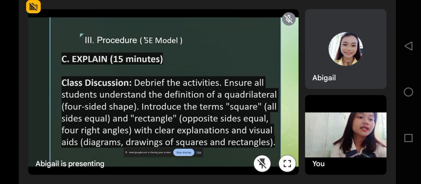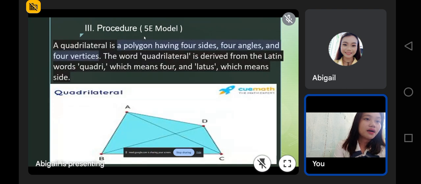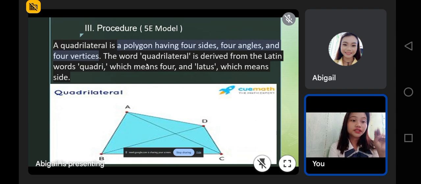Here, I will explain to the students about the quadrilateral. A quadrilateral is a polygon having four sides, four angles, and four vertices. The word quadrilateral is derived from the Latin words quadri, which means four, and latus, which means sides.